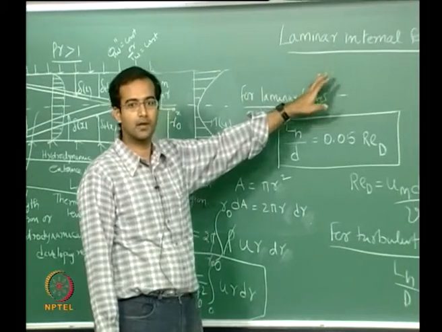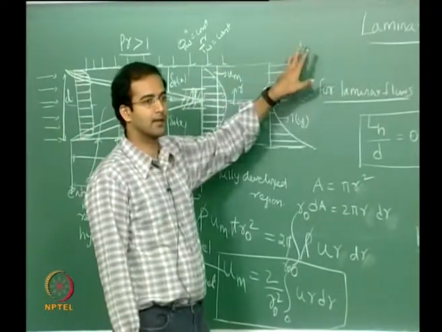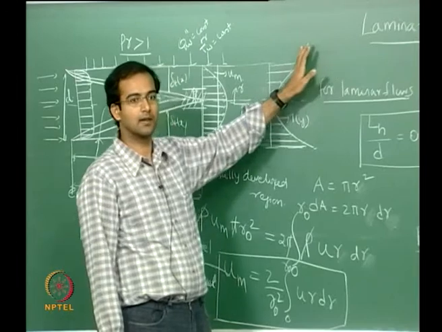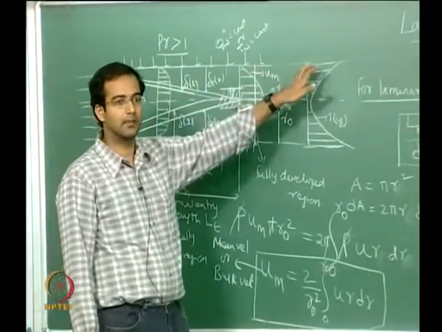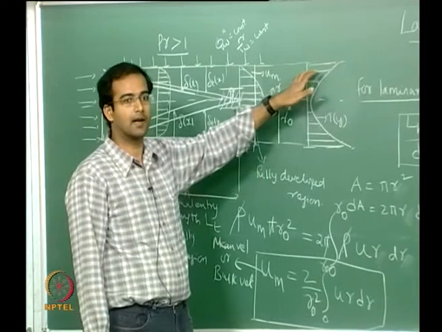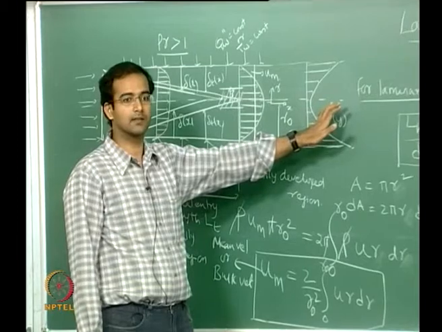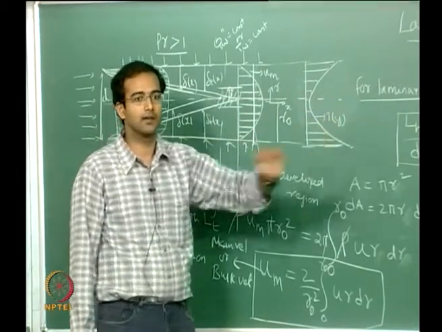The wall temperature will not be the same, for example, at the entrance and somewhere downstream, because you are continuously adding heat. So therefore, due to conduction, the wall temperature has to keep increasing downstream, and consequently the fluid also keeps getting heat continuously. So the fluid temperature also has to vary along x.